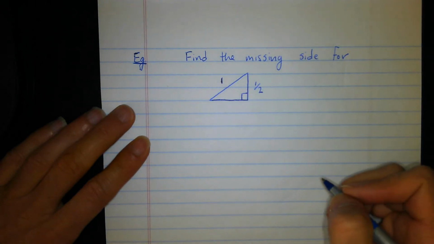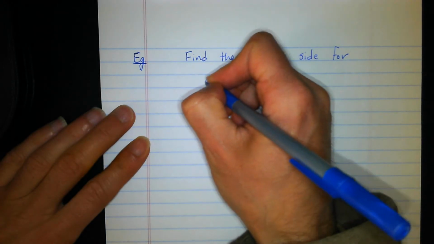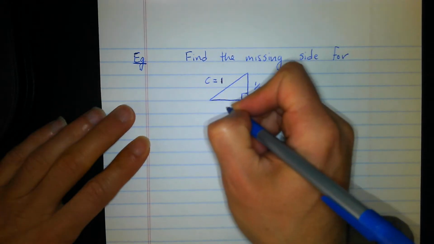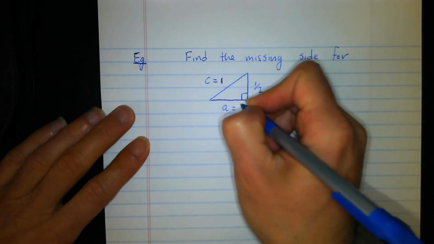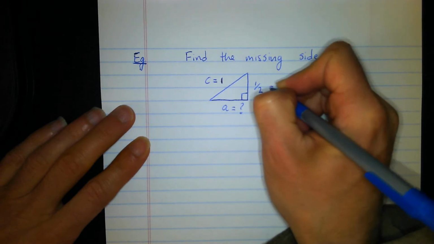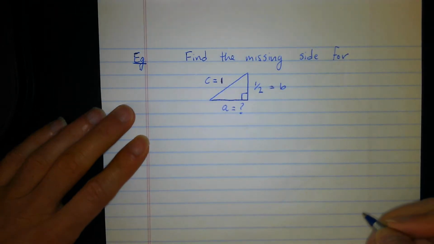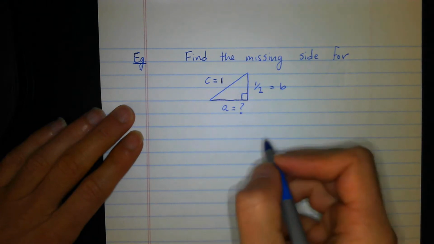Okay, so in this case, maybe I would say, okay, well, c equals 1, that's clearly my hypotenuse. I'm looking for the side A here, and I know my side B is equal to 1/2. Okay, so if we set up our equation, what do we get?